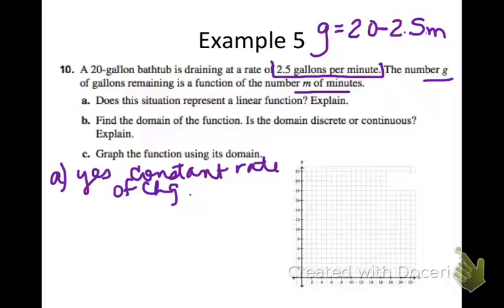So to find the domain of the function, and then we also need to know if the domain is discrete or continuous, one thing we could do is solve this equation. So I would subtract 20 from both sides. And the negatives are pretty irrelevant here.